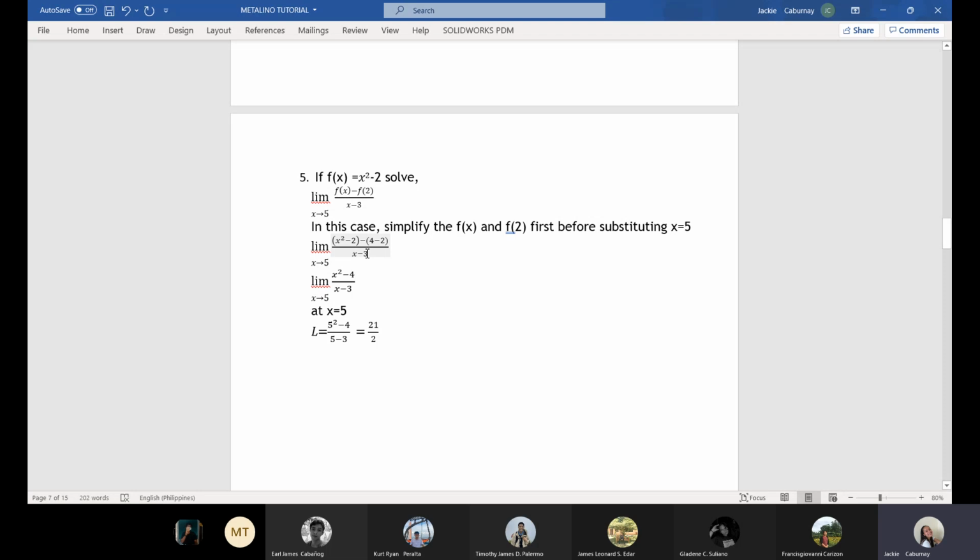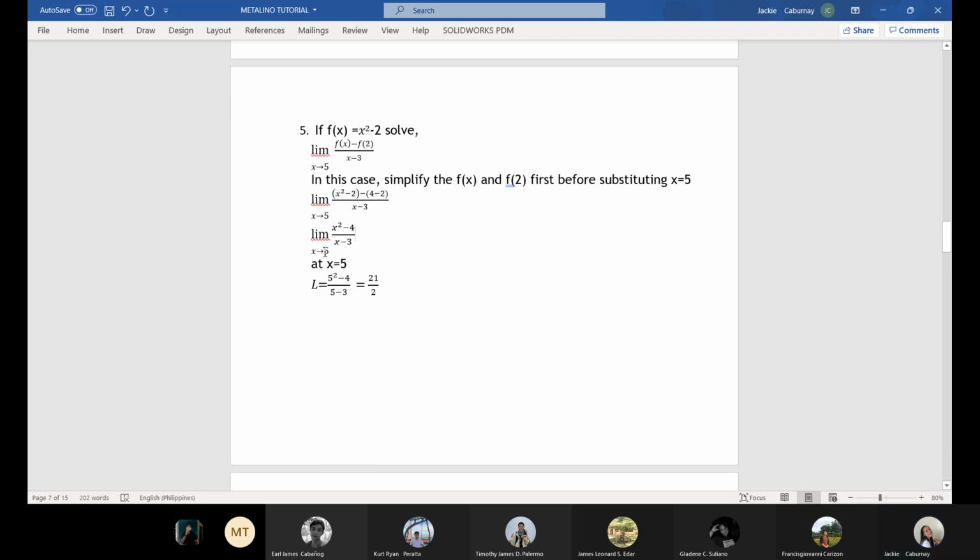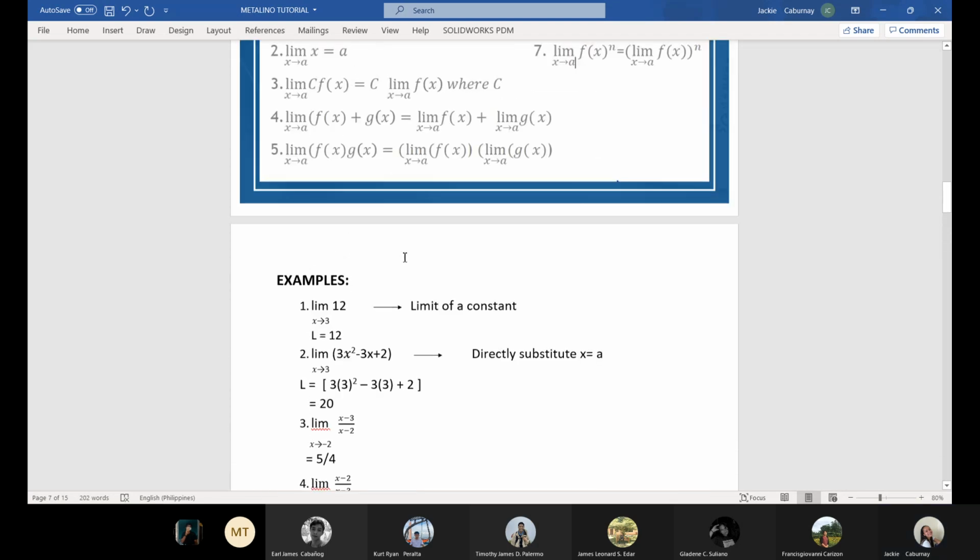Simplify this and you get the limit of x squared minus 4 over x minus 3 where x approaches positive 5. Substitute x equals 5, and the limit is equal to 21 over 2.